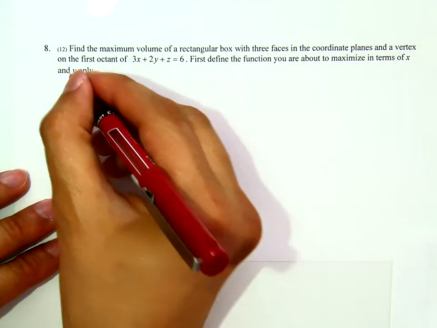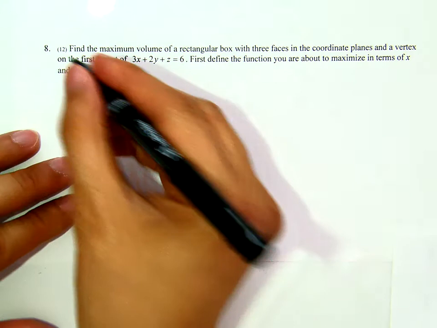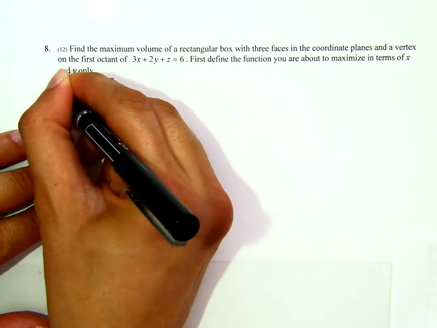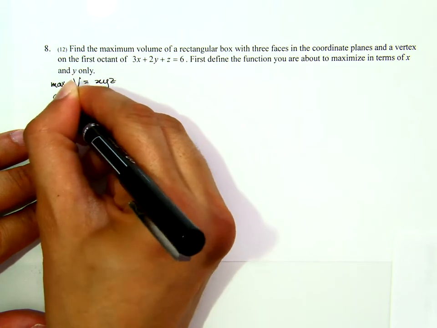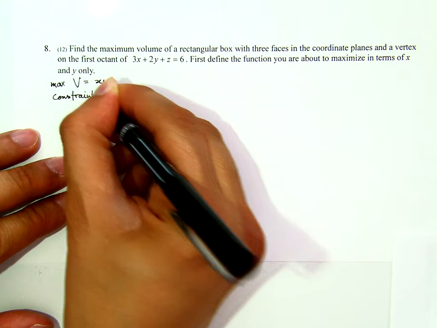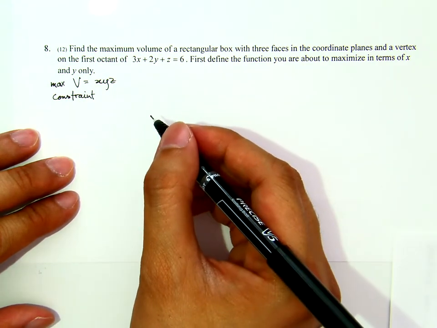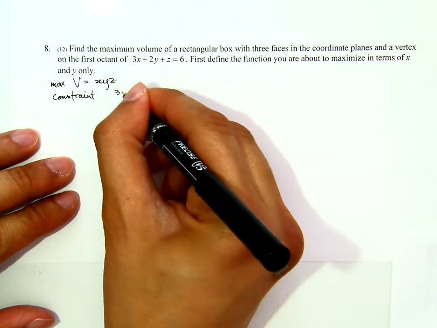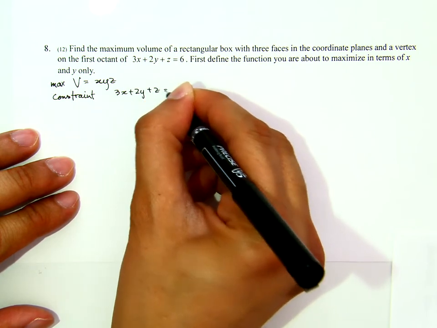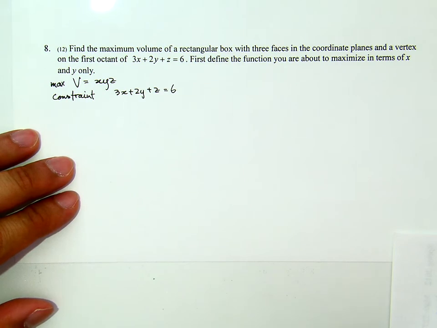I hope that makes the question a lot easier. Now the volume we want to maximize equals xyz. That's the function to maximize. And the constraint is 3x + 2y + z = 6. That's the constraint.